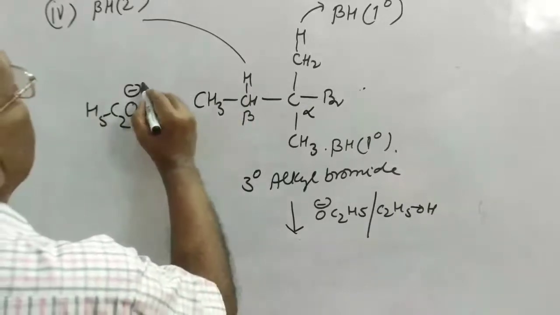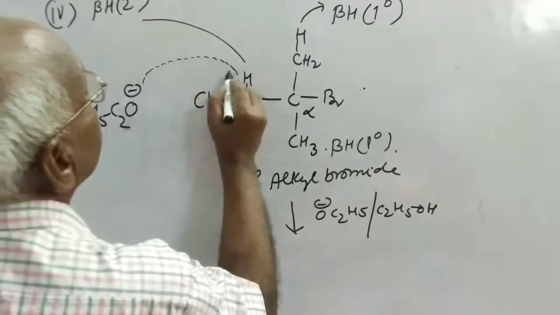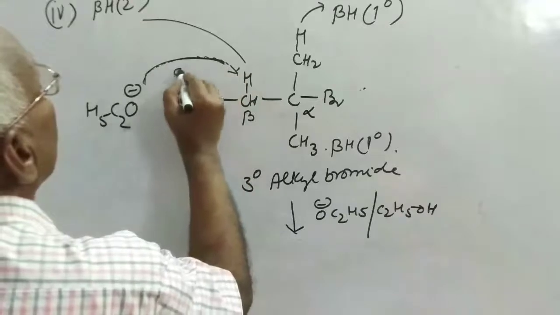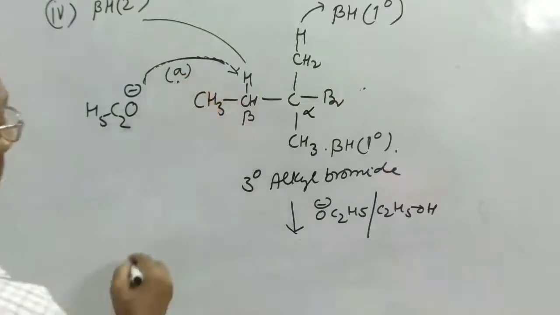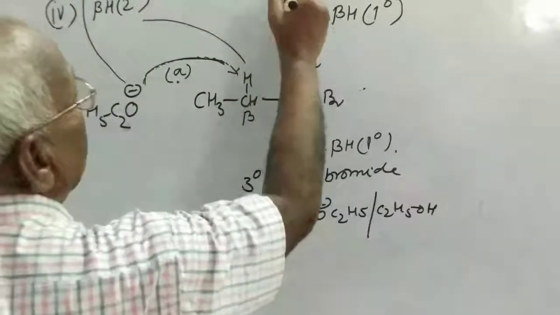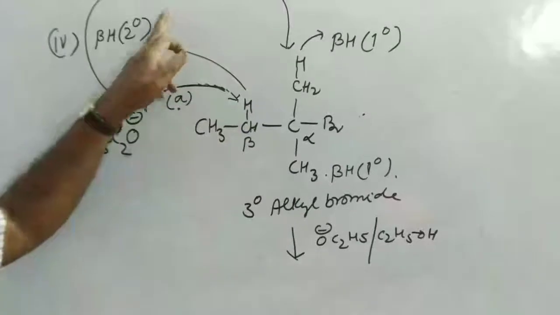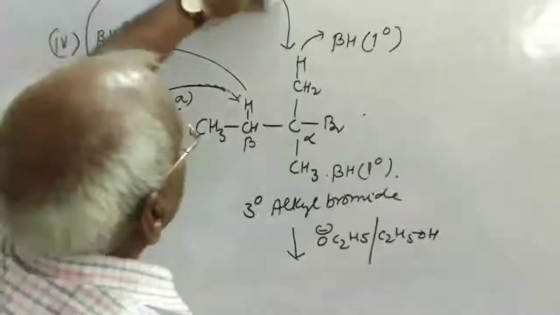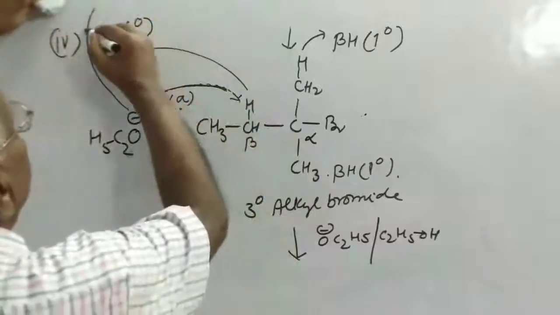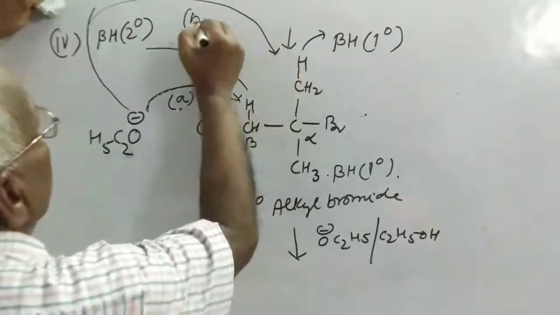Say it is going to attack on this hydrogen. The base is going to attack on this hydrogen via route A, and the base is going to attack on this hydrogen via route B. This is B route.